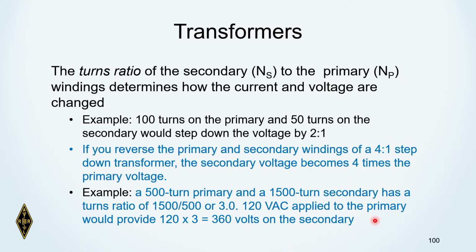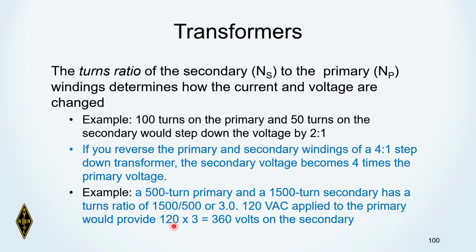And then there's one example here that feels like it would be a calculation, but you can do this one in your head. A 500 turn primary and a 1500 turn secondary. Well, what's the ratio of that? 1 to 3. Yep, exactly.